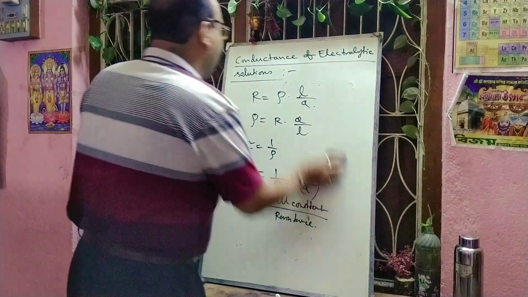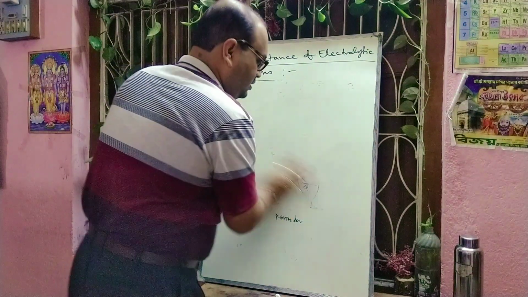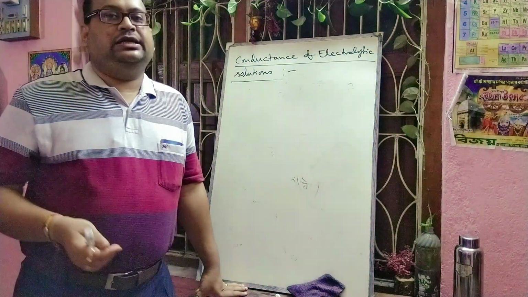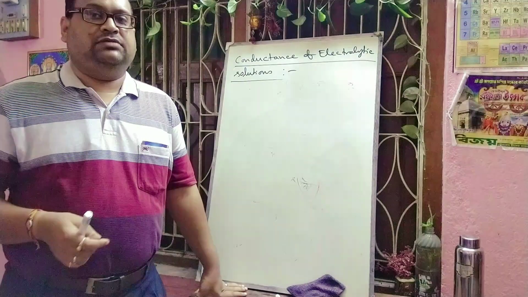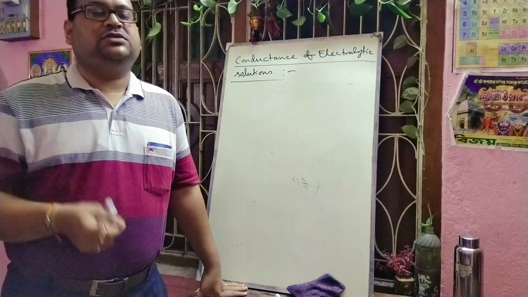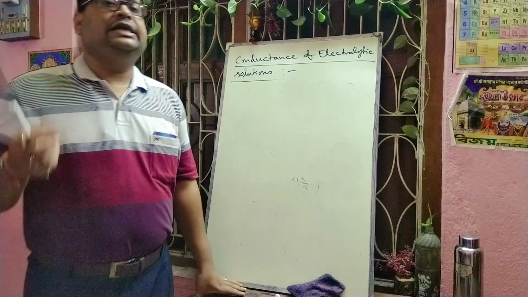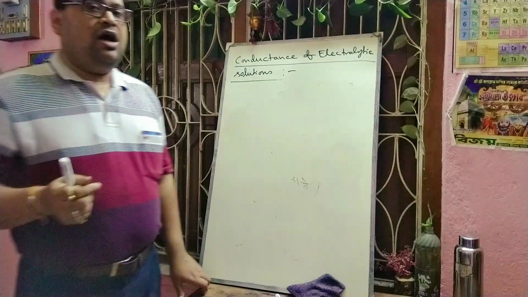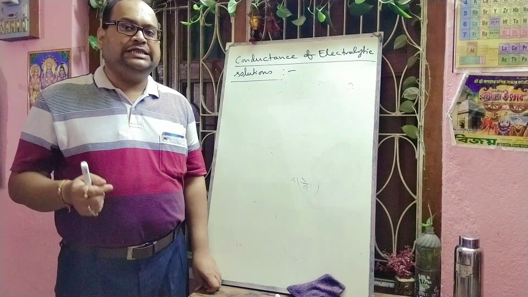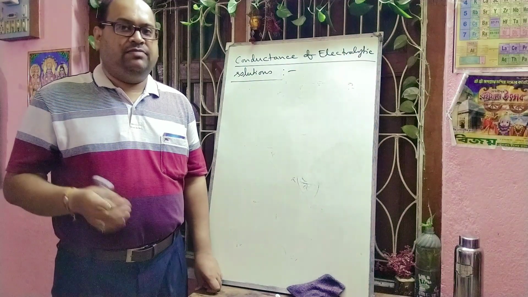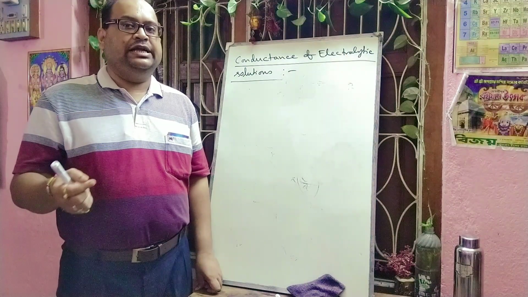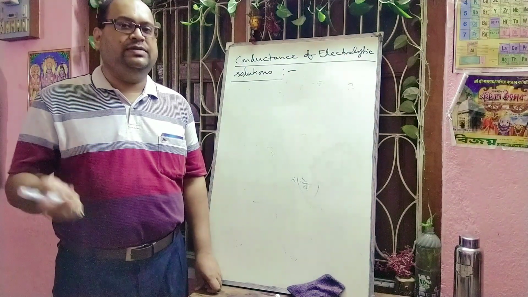Next we will discuss the factors affecting the conductance. Generally 3 factors are there: one is the nature of the electrolyte, second is the concentration of the solution, and third is the temperature. Stronger electrolytes have high conductance, because any strong electrolyte will be fully dissociated, so the number of ions will be greater.